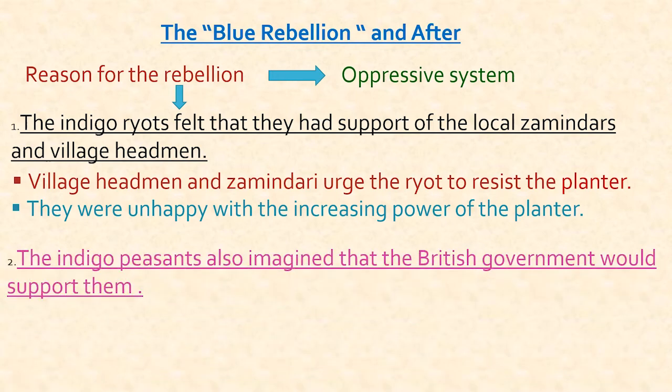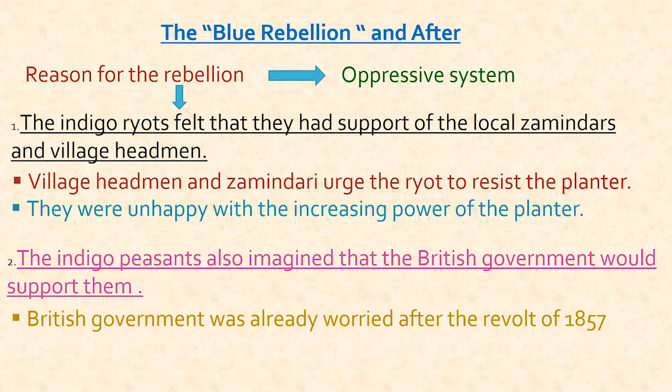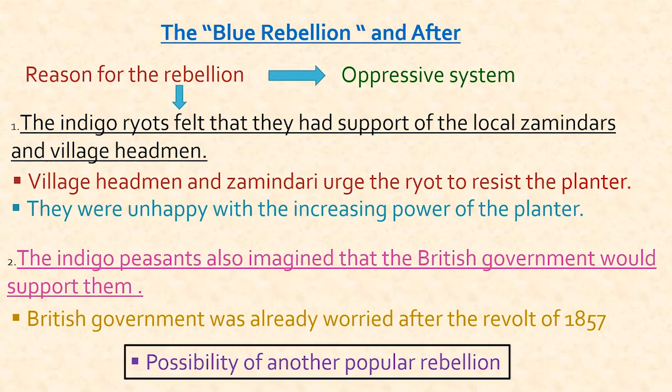The indigo peasants also imagined that the British government would support them. The British government was already worried that if they did not subdue this revolt or rebellion, they could definitely face the same effect as the revolt of 1857. There was a possibility of another popular rebellion.